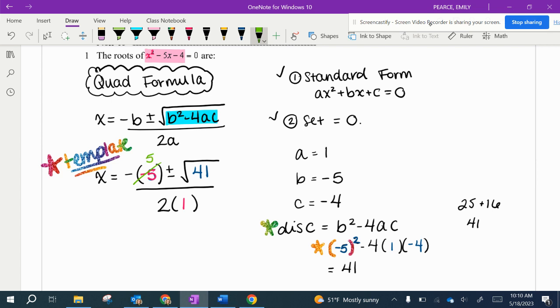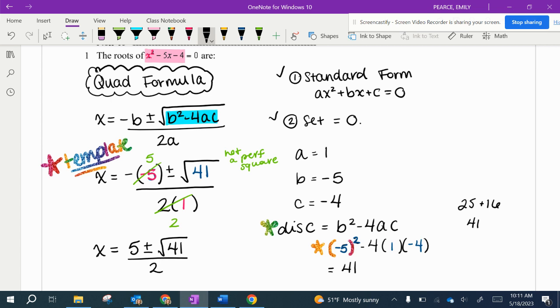I like to type in the square root of 41 and see if it's a perfect square, which in this case it is not a perfect square, so you're going to get some ugly decimal. Okay, that's because it's irrational. You remember that word. And then 2 times 1, which is just 2. So now I'm going to write this all out in its simplified form. x is equal to 5 plus or minus the square root of 41, all divided by 2.